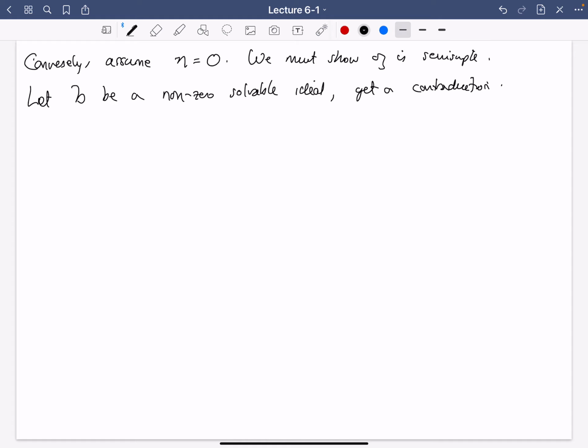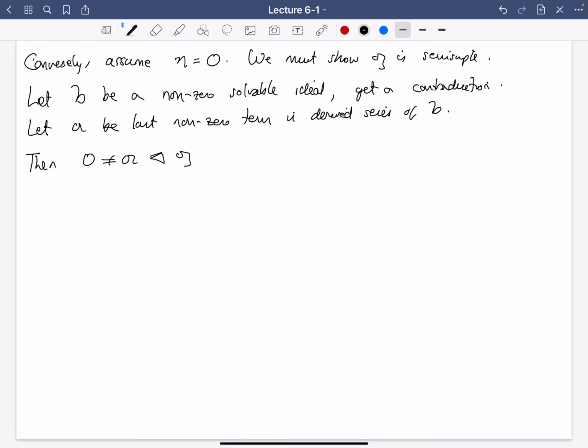Okay, so I've got some non-zero solvable ideal B of G. Let's let A be the last non-zero term in the derived series of B. So then this A is non-zero. It's an ideal of G. And the derived subalgebra of A is actually 0, because A was the last non-zero term. So this A is actually an abelian Lie algebra.